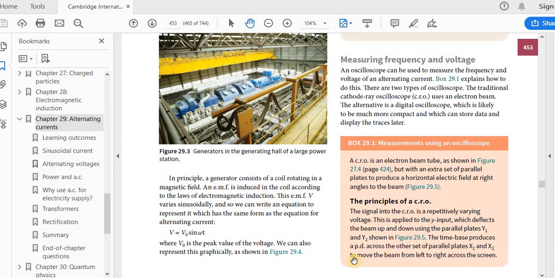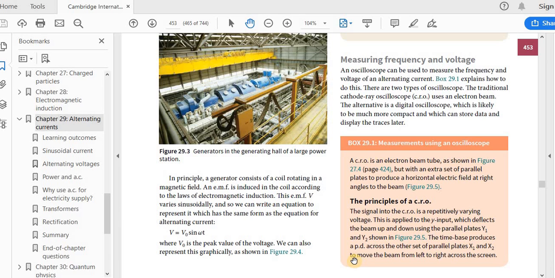What happens is we have an electromagnet, and the electromagnet is inside the generator. In an electromagnet you can turn the magnetic field on or off. So if you turn on the electromagnet, there is a magnetic field around that electromagnet.